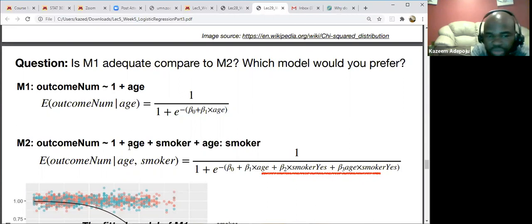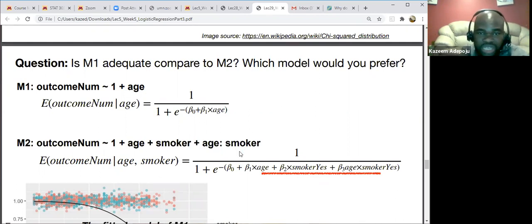But in the second model, we are looking at the effect of age, the effect of smoker, and the effect of the interaction between age and smoker. You remember that we did an interaction model the other time in linear regression. We can also talk about interaction in a logistic regression. So the second model right here is an interaction model.